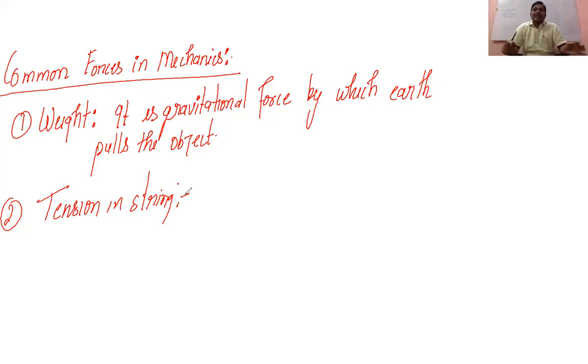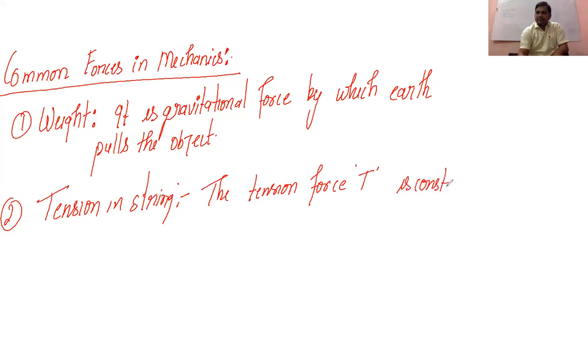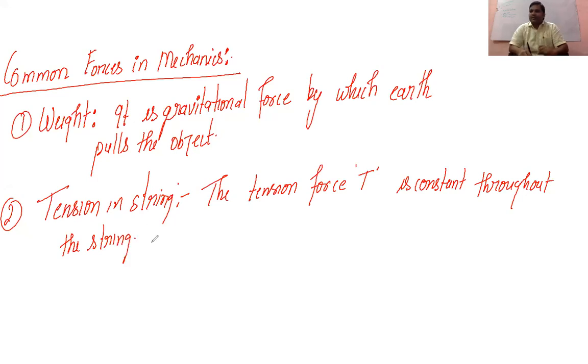जो रस्सी तनेगी नहीं उसी में ये स्ट्रिंग टेंशन लगेगा. जो रस्सी तन जाएगी बच्चे तो उसमें नहीं लगेगा. ओके, तो टेंशन फोर्स के बारे में ये कह सकते हैं कि the tension force T is constant throughout the string. स्ट्रिंग में आप चाहे जहां पे बात करेंगे बच्चे, तो वो टेंशन फोर्स कांस्टेंट रहेगा, वो बदलेगा नहीं.